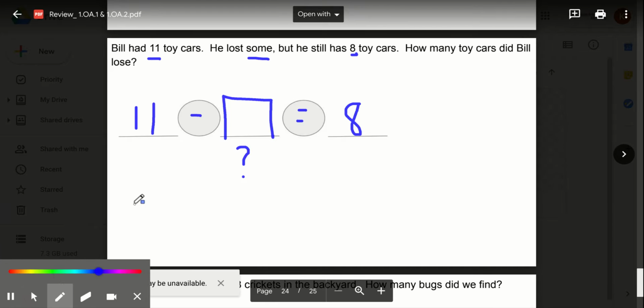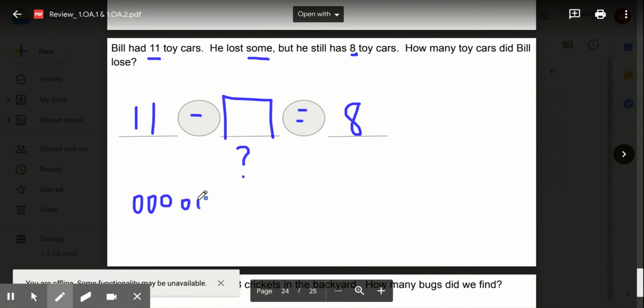All right, let's solve together. Bill has 11 toy cars. 1, 2, 3, 4, 5, 6, 7, 8, 9, 10, 11. He loses some, but he still has 8.